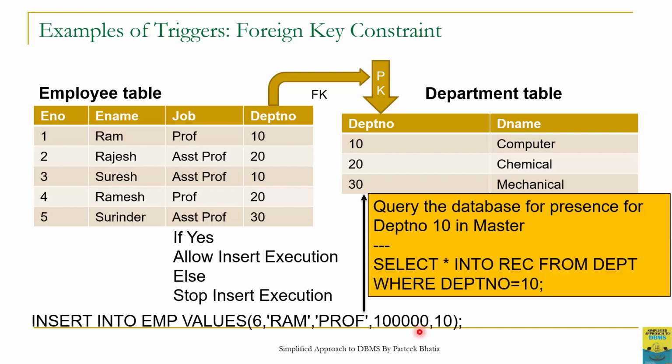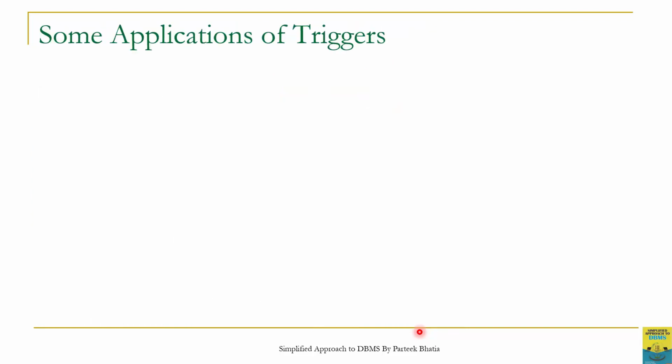But of course, we can create our own triggers. In this section, we will learn how to create our own triggers to satisfy our own requirements. Let us discuss some applications of triggers.